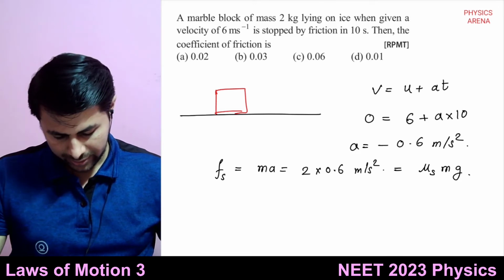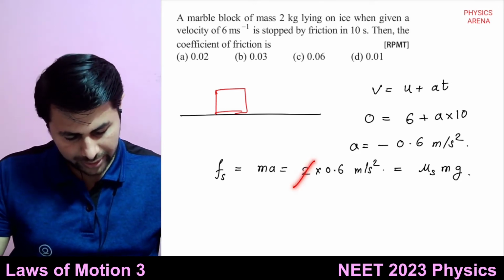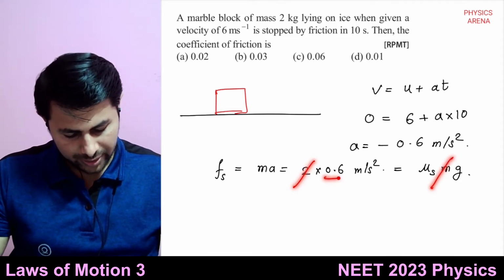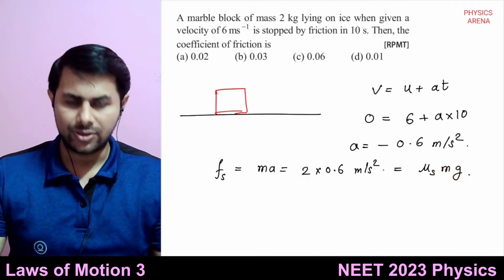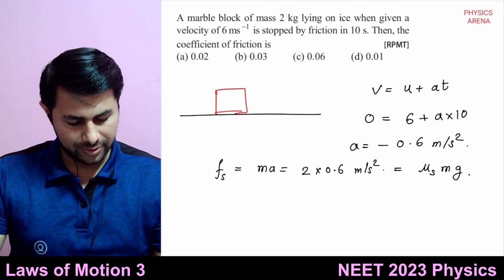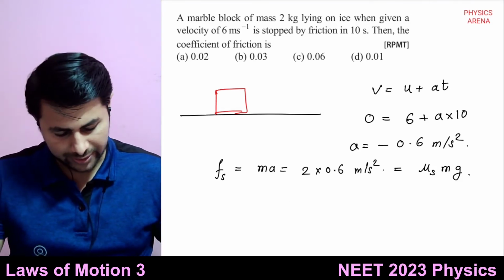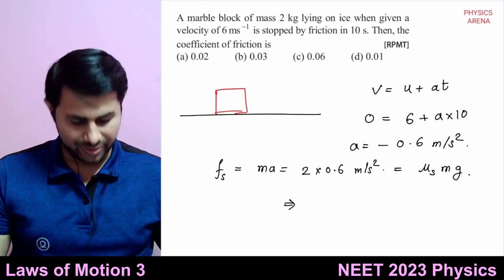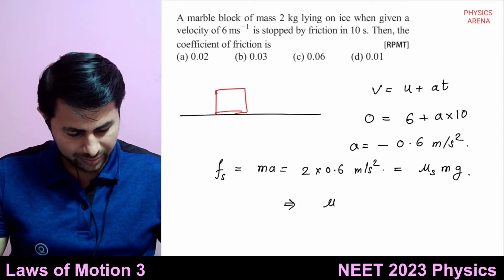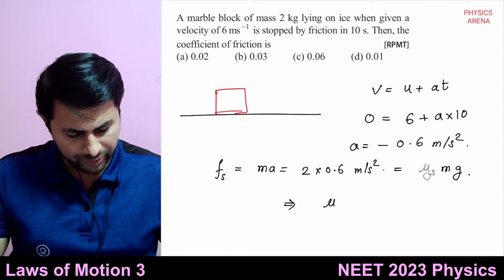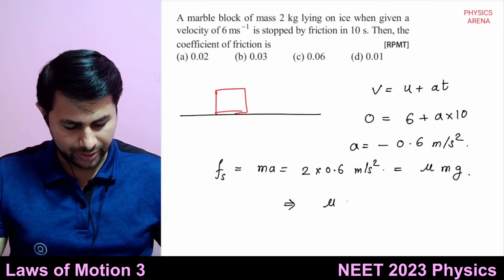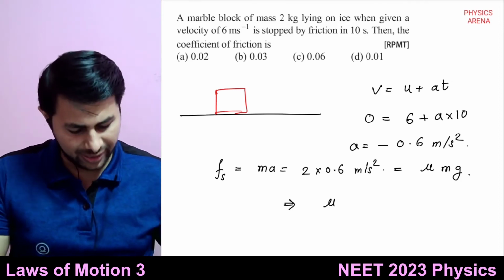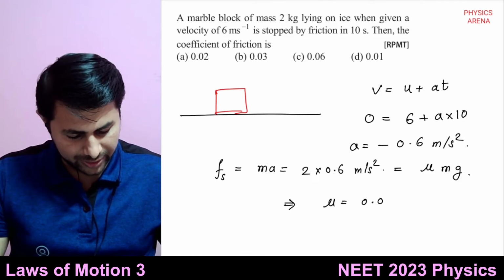So this 2 and m get cancelled out, and you can take the g on the other side. So what do you get? 0.06. So 0.06 will be the answer. Got it or not? This will not be mu s. Let's call it mu only, because it is sliding. So it is 0.06.